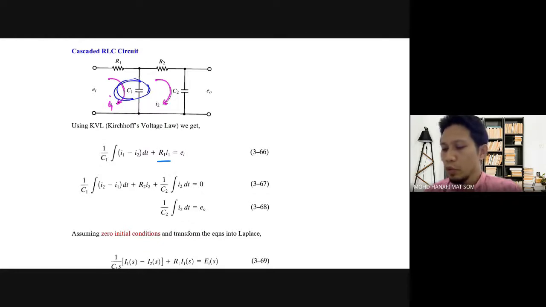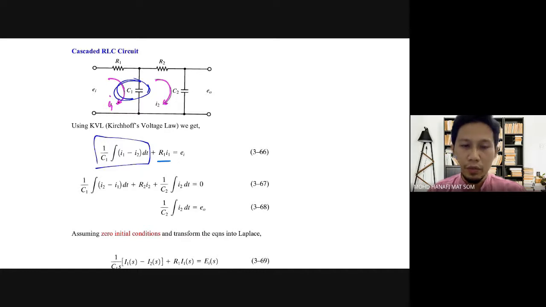So we need this term, 1 over C1 integration of (I1 minus I2) dt, because we consider the first loop, I1, at the front, equals Ei.